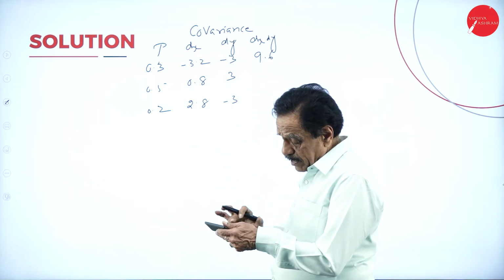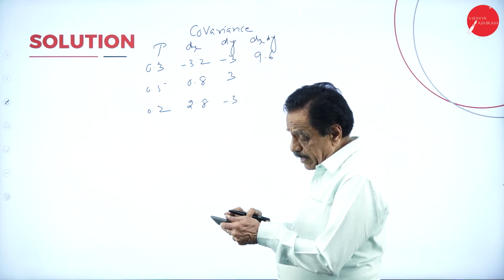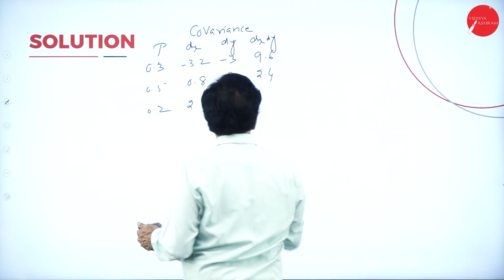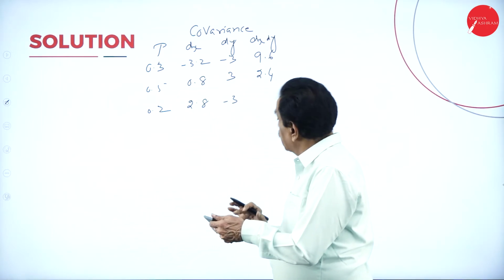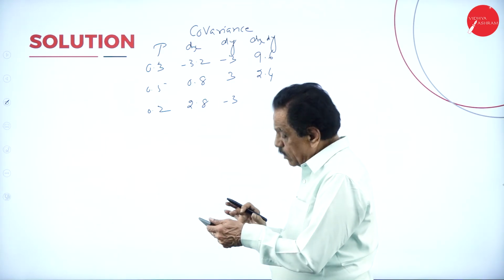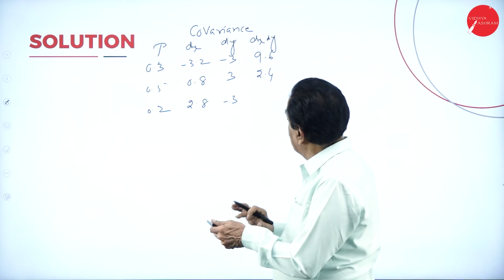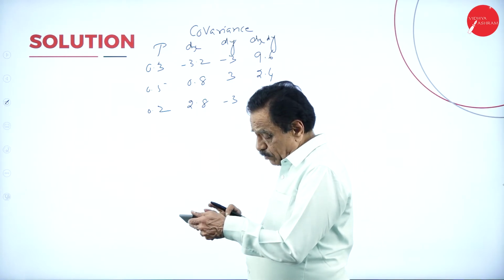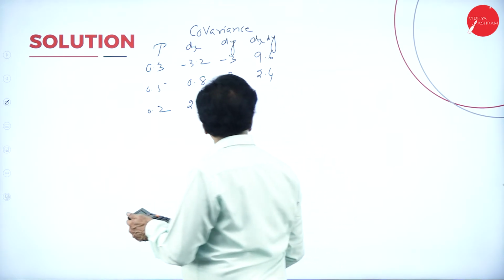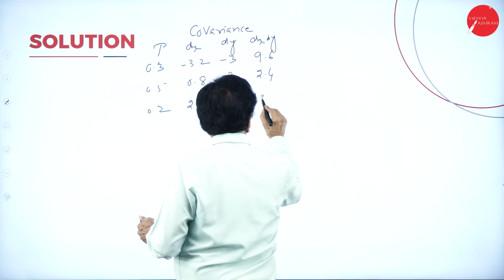Then 3 into 0.8 is 2.4. Then 2.8 into 3 with the minus is minus 8.4.